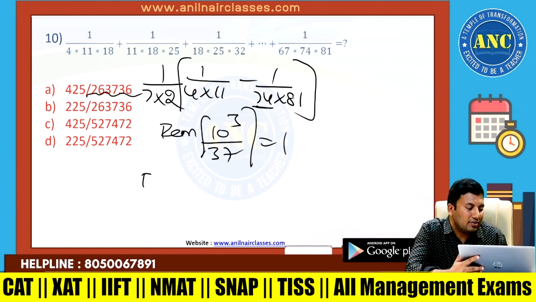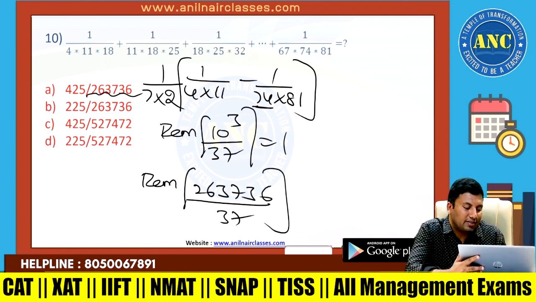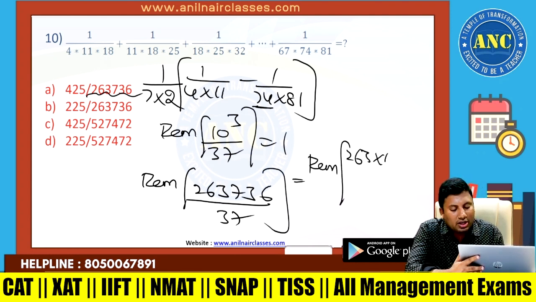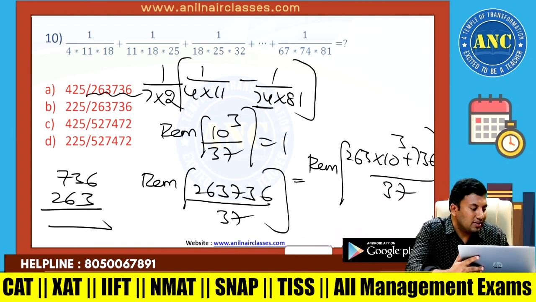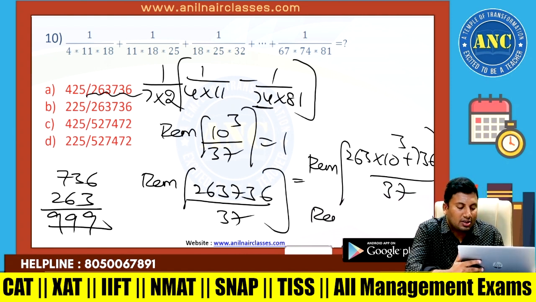Let me take this value, 263736 divided by 37. This is nothing but the remainder of 263 into 10 cube plus 736 divided by 37. 263 plus 736 is 999. So 999 is nothing but 37 into 27.